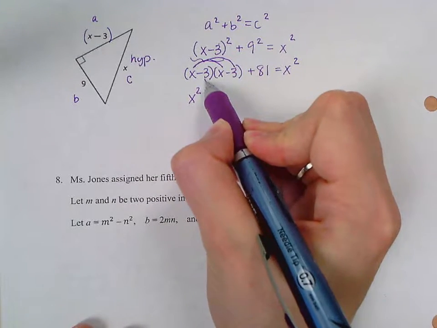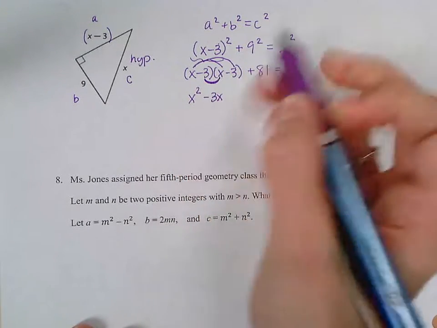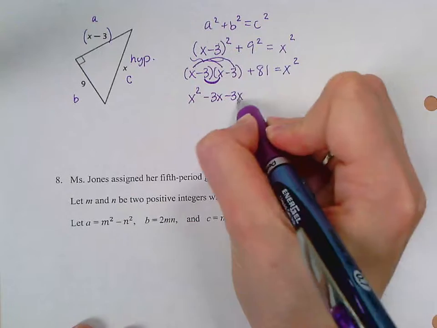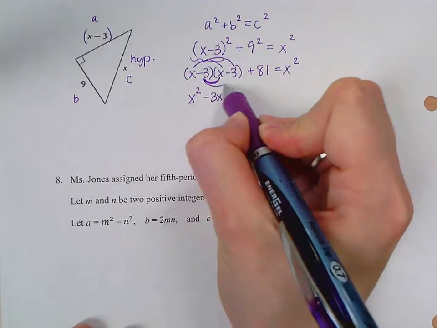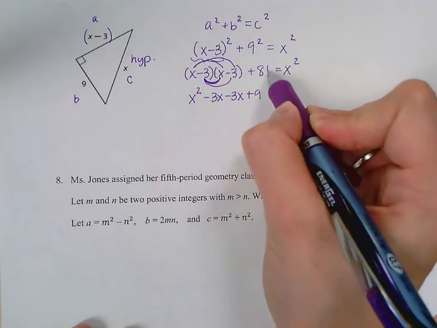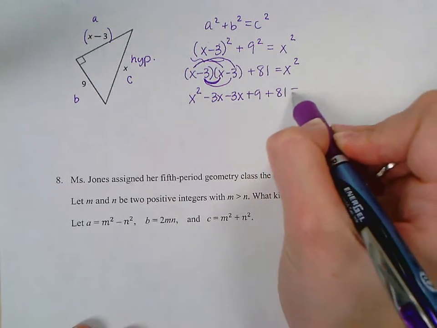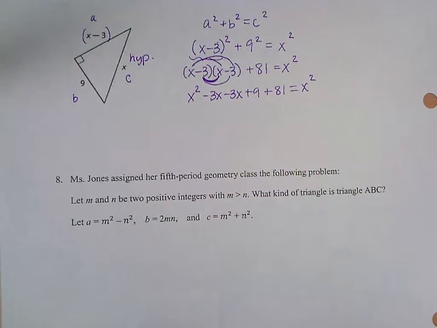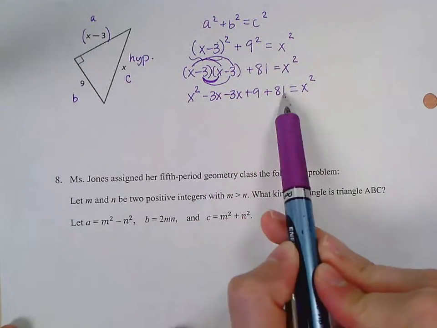Now I do the inside. Negative 3 times x is another minus 3x. And then negative 3 times negative 3 is a positive 9. And then I still have the plus 81 equals x squared. So when you see a quantity squared like that with addition or subtraction, you do have to FOIL to simplify that.